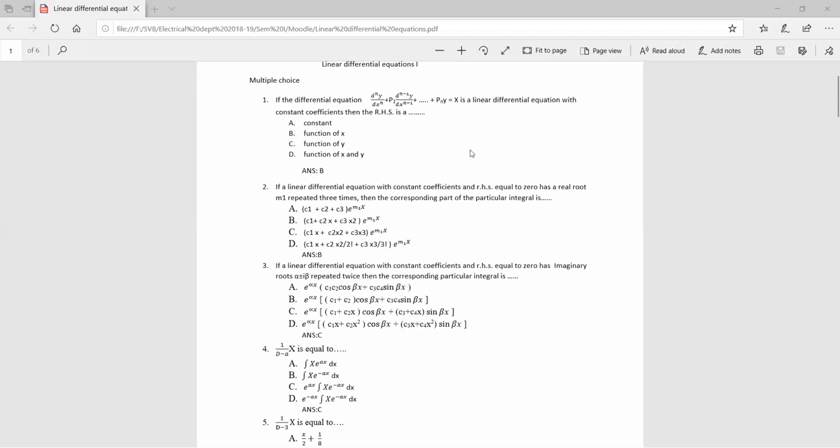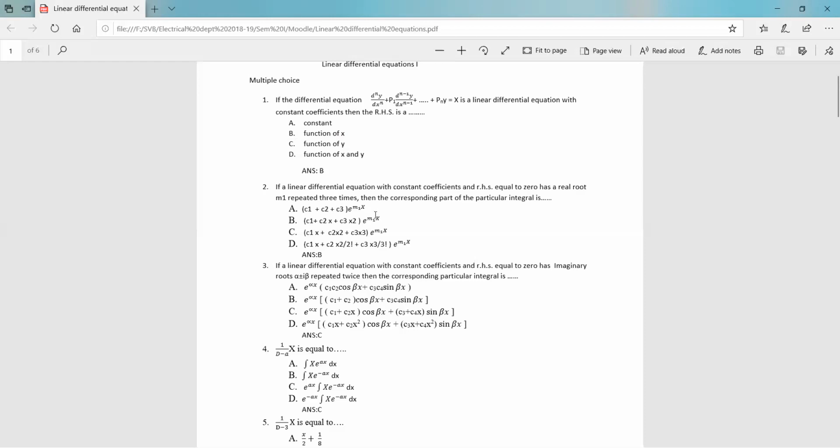Then we can say it is a linear differential equation with constant coefficient. So the right hand side, capital X, must be a function of x only. So which answer is correct? Answer B is correct. The solution is: function of x.